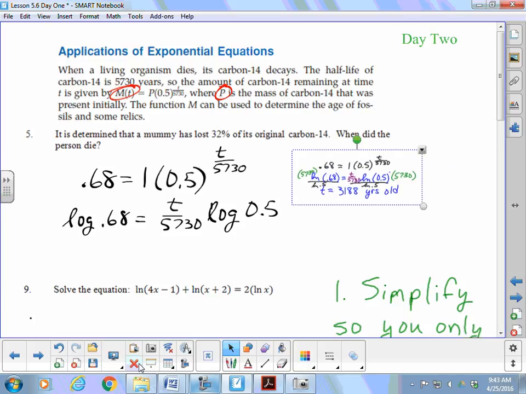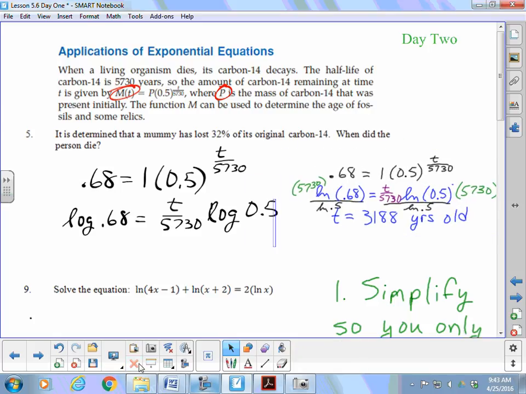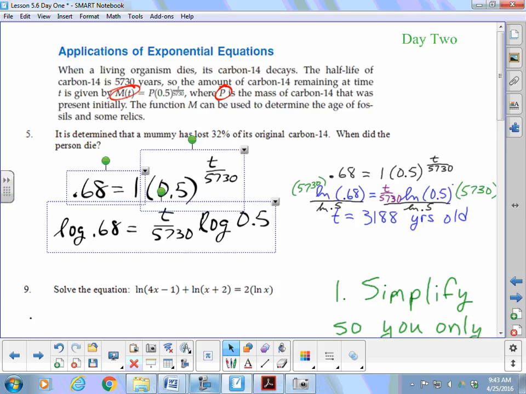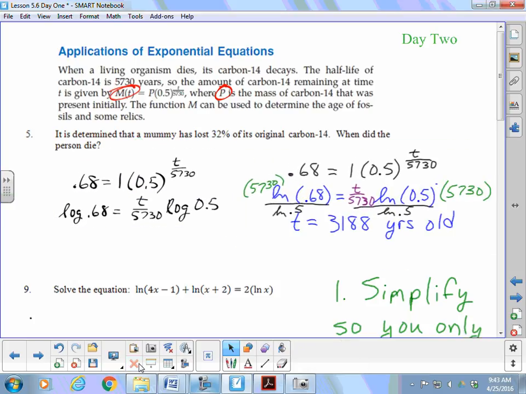And you could use natural logarithms too, like I did in my previous example. Okay? Whichever method you prefer, whether the common log or the natural log.